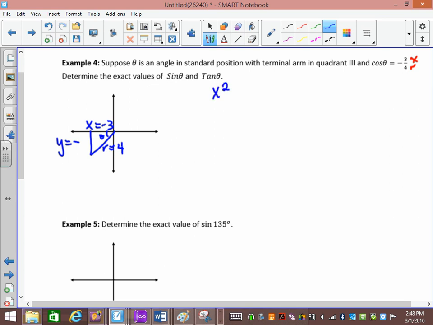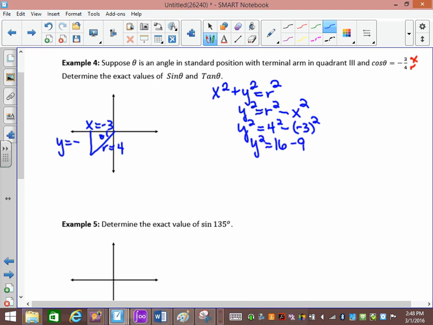So x squared plus y squared equals r squared, but we're solving for y. So we're going to move the x squared over. So y squared equals r squared minus x squared. So you're going to get y squared equals 4 squared minus negative 3 squared. y squared equals 16 minus 9. y squared equals 7.